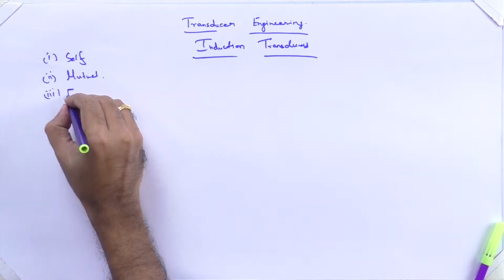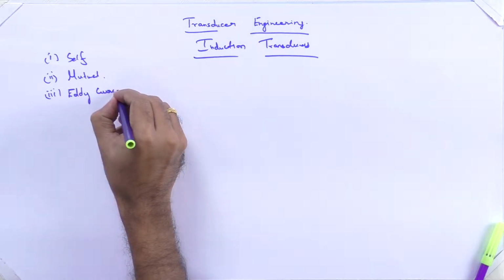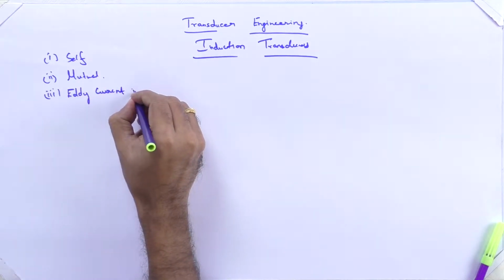But along with it, when a transducer works with an induction principle, there is also another type of transduction possible, that is the eddy current induction. So today we will have a glimpse of all these three types of induction methods in which the transducers can work.